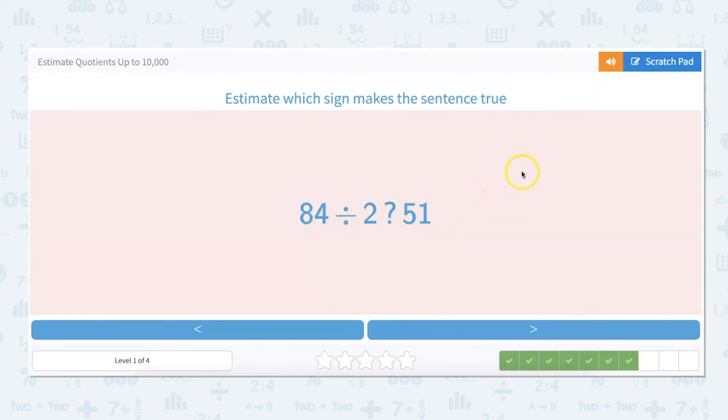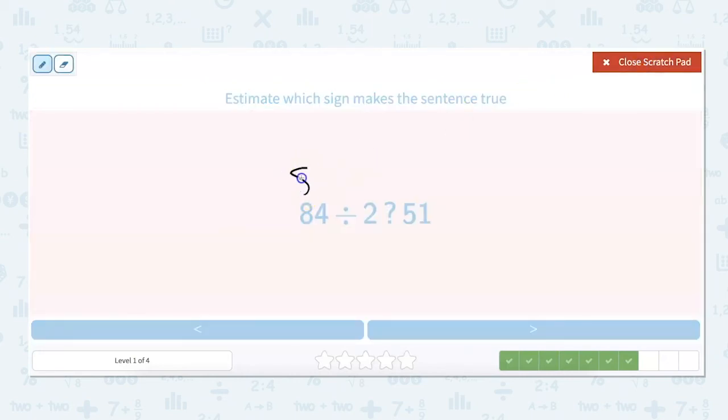All right, 84 divided by 2 is greater than or less than 51. Well, let's see. 84 rounds down to 80. 80 divided by 2 equals 40, which is less than 51.